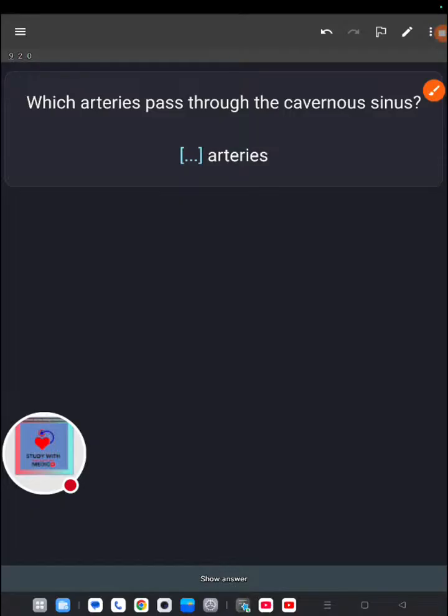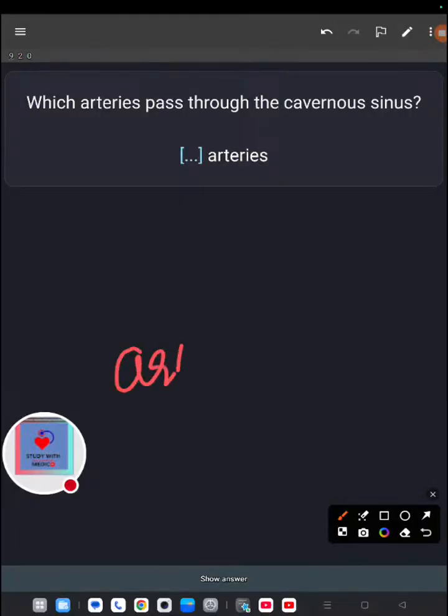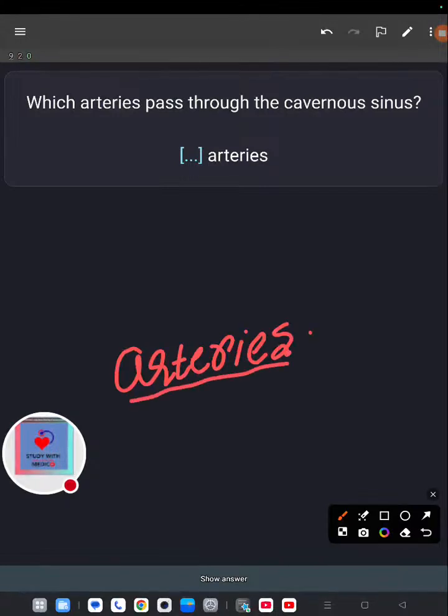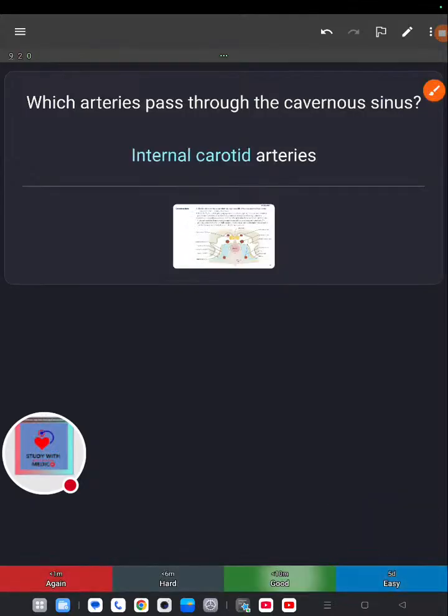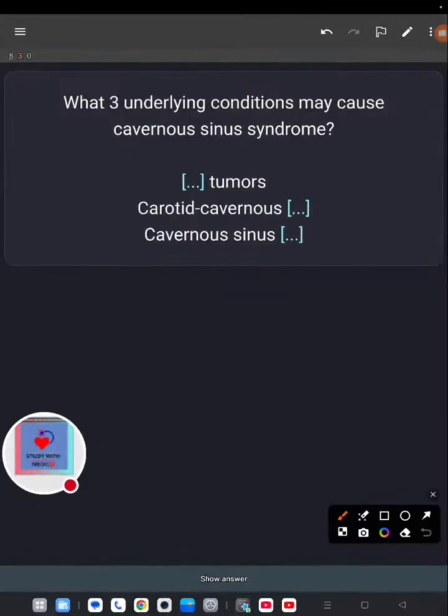Which arteries pass through the cavernous sinus? The cavernous part of the internal carotid artery. What are the three underlying causes of cavernous sinus syndrome?